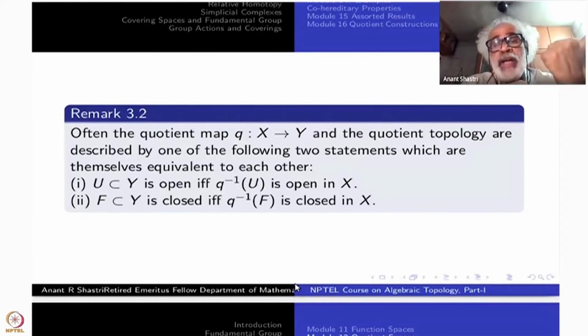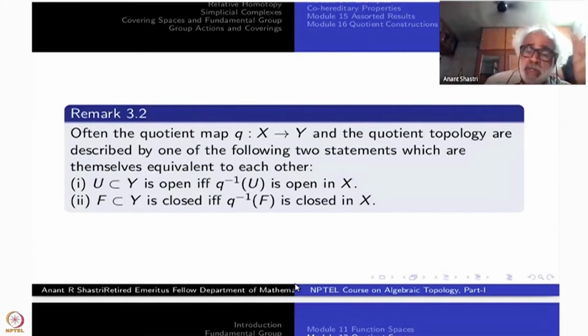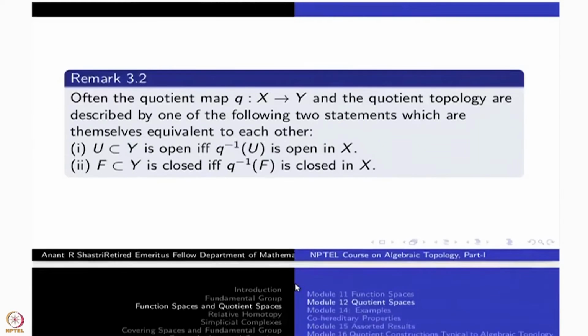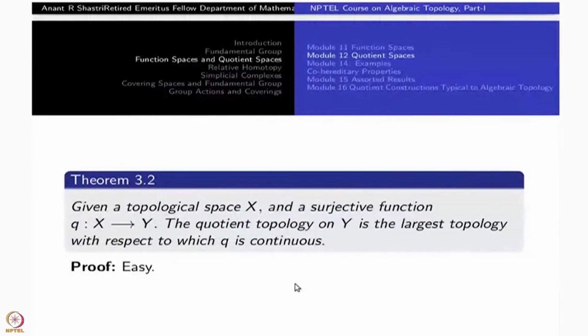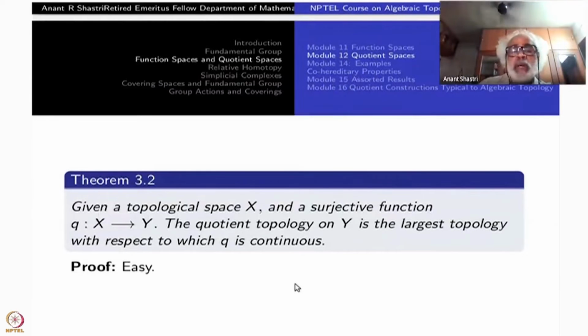Therefore, I get a third one which describes the quotient topology, namely this theorem, which says that the quotient topology on Y is the largest topology with respect to which Q is continuous. Suppose some lambda is a topology on Y such that Q is continuous with respect to that topology.